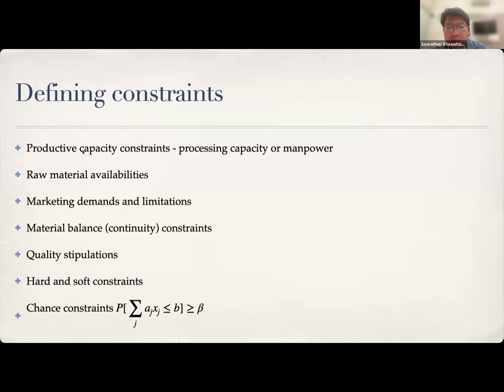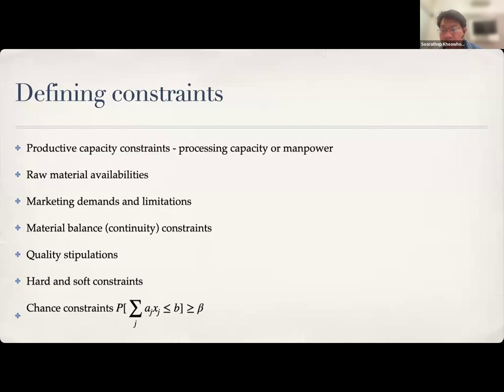For example, productive capacity constraint. For example, our process can have a maximum capacity of 100 kilogram per day, something like that. That means the maximum capacity is 100 kilogram per day. However, we don't have to use the maximum capacity for the production, right?